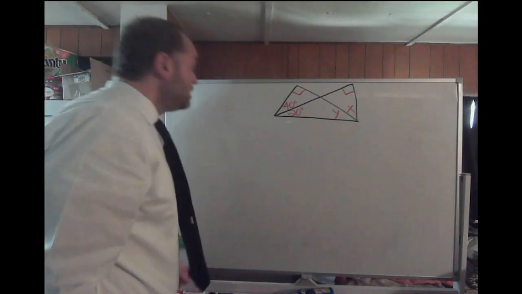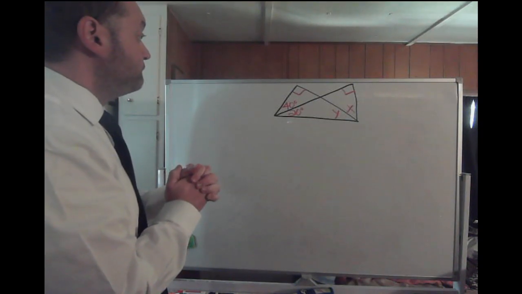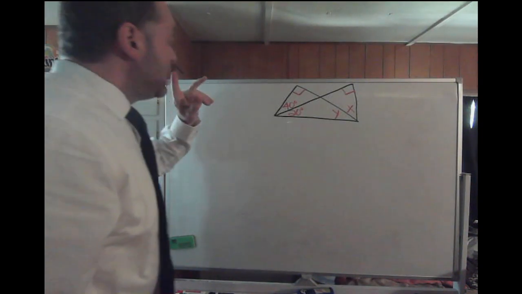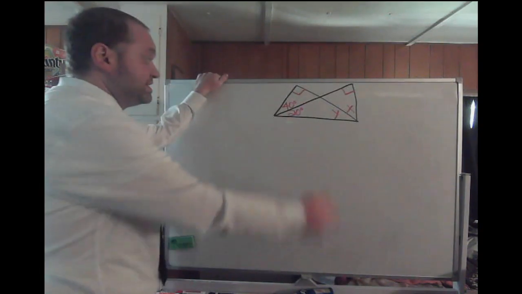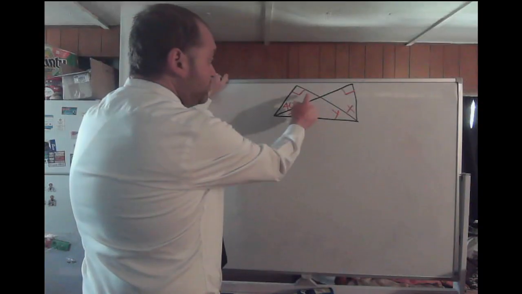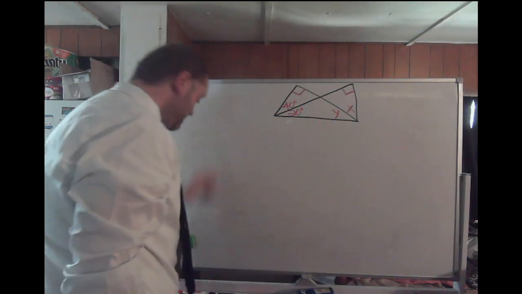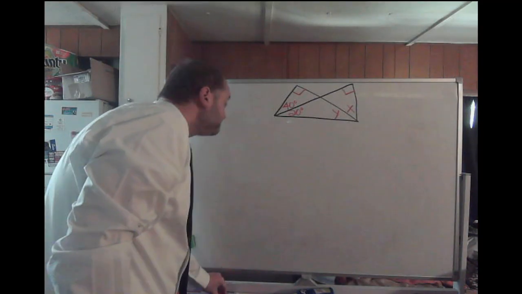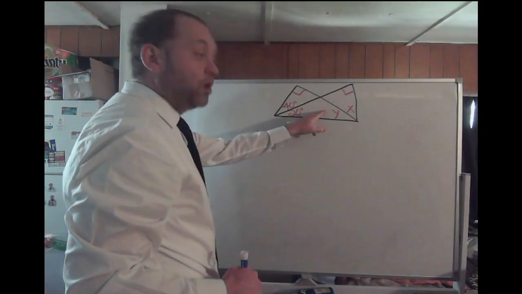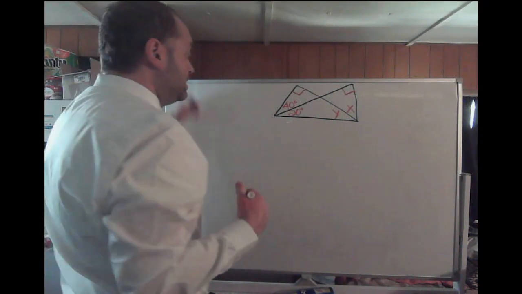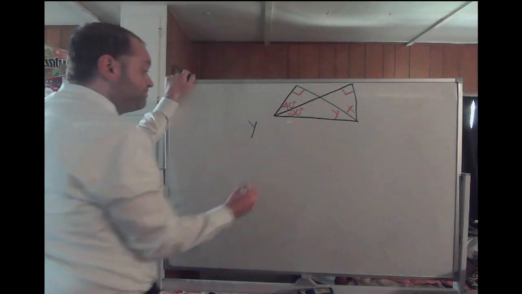So, let's look at this here. I'm going to say, let's go for y first. So, consider the left side. If you merge this smaller triangle with this middle piece, you get one big right triangle, do you not? Well, again, the acute angles of a right triangle are complementary. Now, of course, you're going to have y. You want to solve for y.